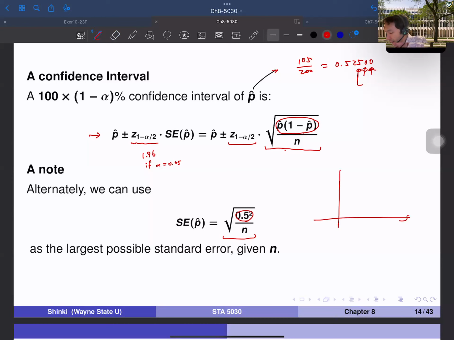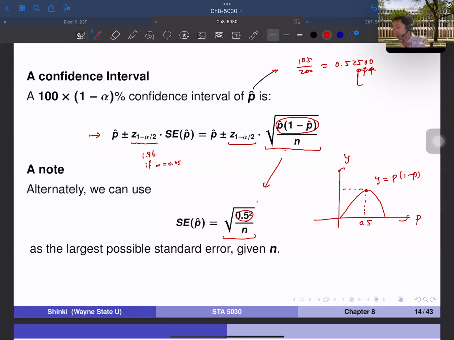You can see that if we have a function of p, y equal to p times 1 minus p, that is maximized at 0.5. So just to be conservative, we have a larger standard error here.